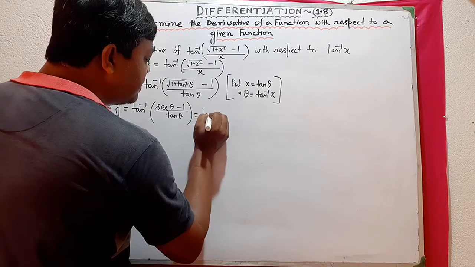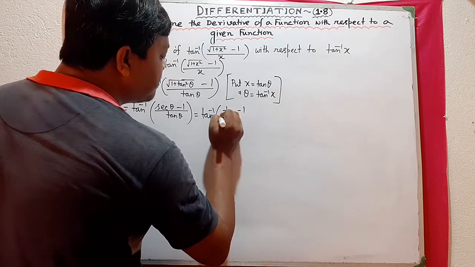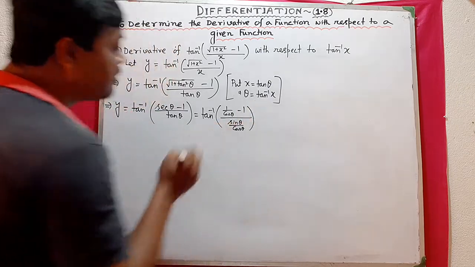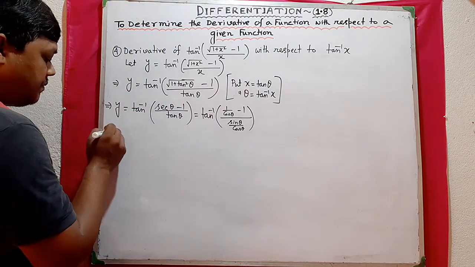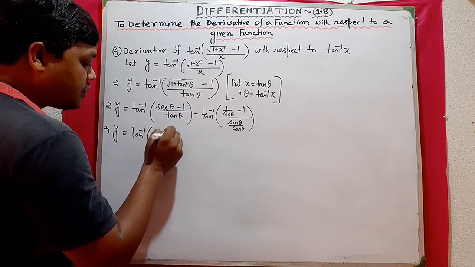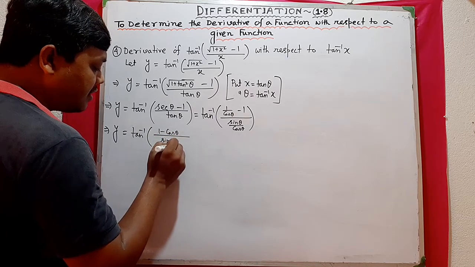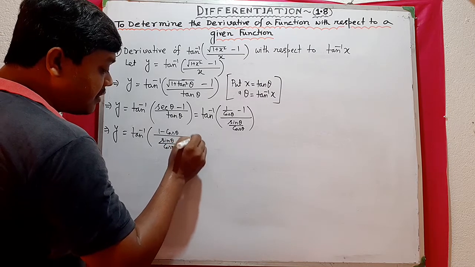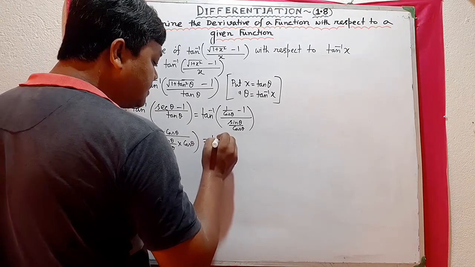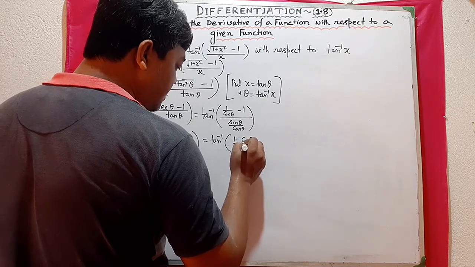So just trigonometric simplification, 1 by cos theta minus 1 by sin theta by cos theta, and this implies y equals tan inverse 1 minus cos theta by sin theta by cos theta into cos theta. Okay, so cosine cancels, that gives tan inverse 1 minus cos theta by sin theta.